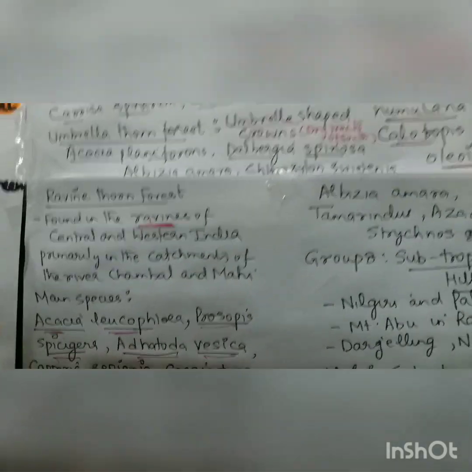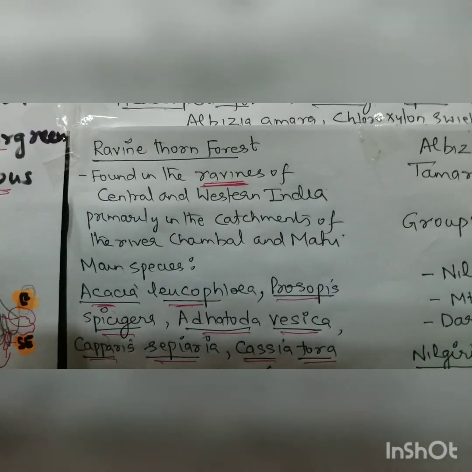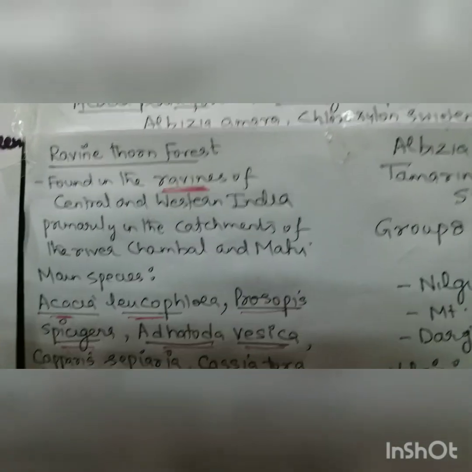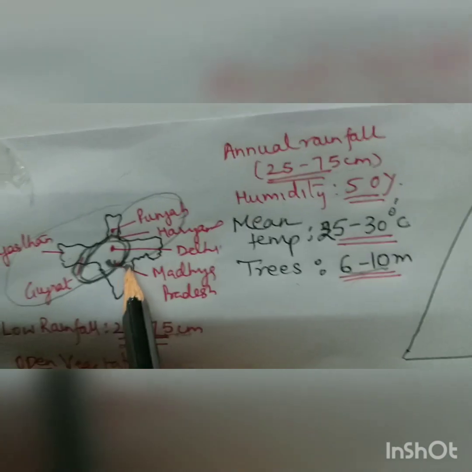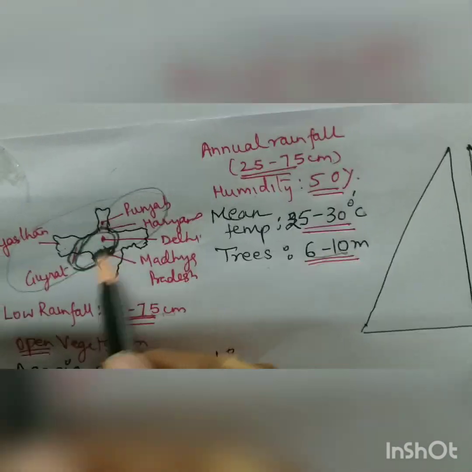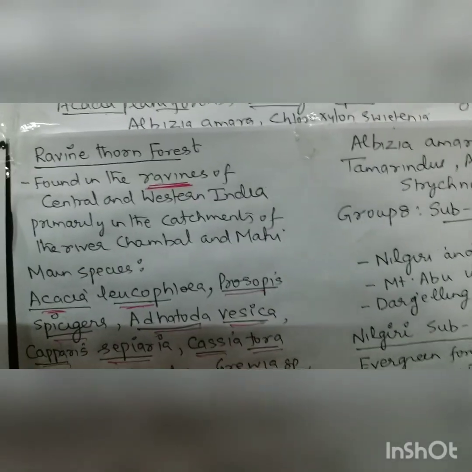After that, I come to the ravine thorn forest. They are found in the ravines of central and western India, primarily in the catchment of river Chambal and Mahi. So it is around here, right? Basically the catchment of river Chambal and Mahi.